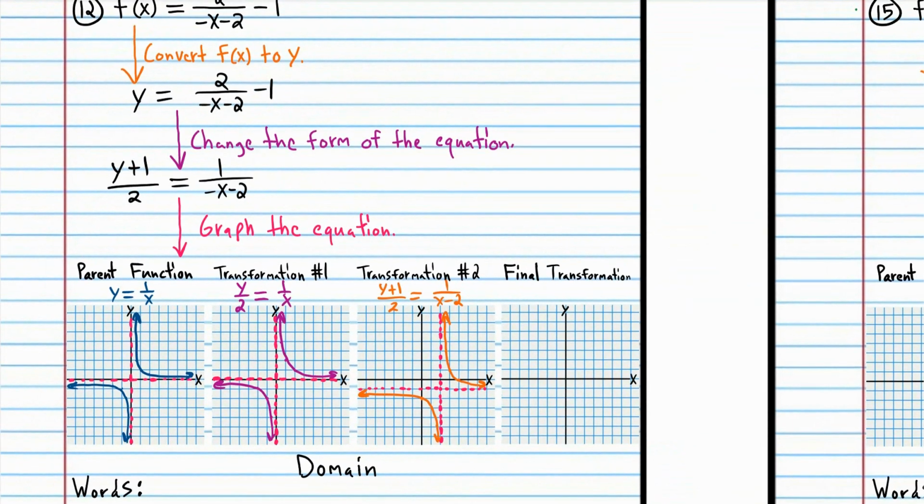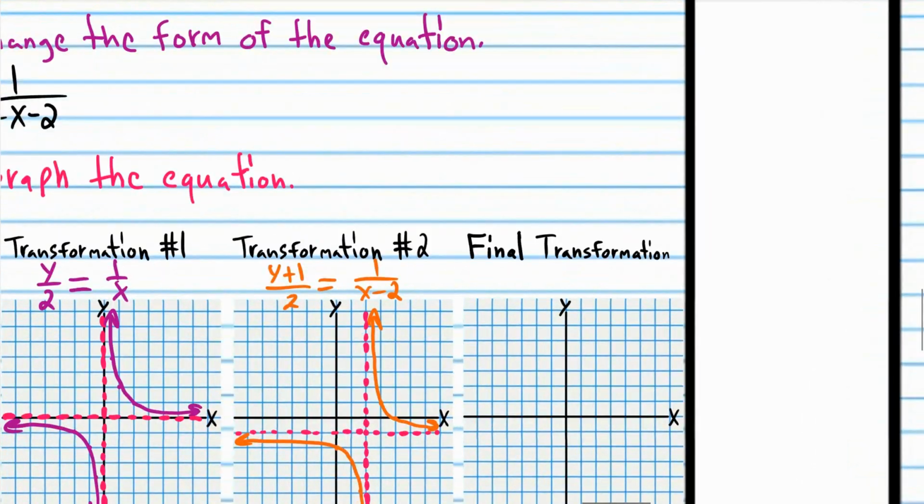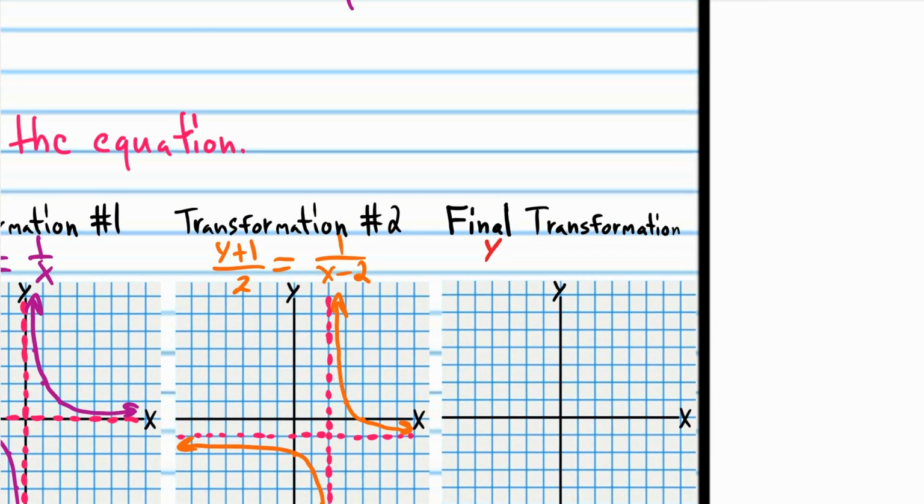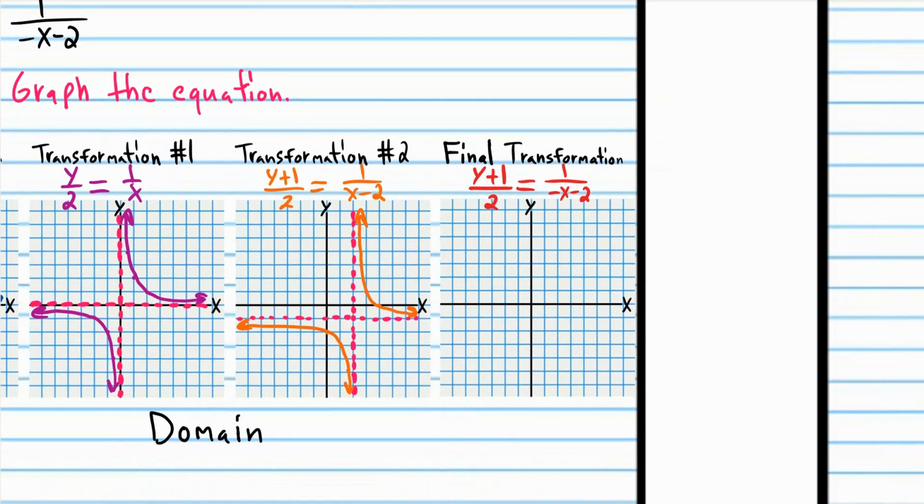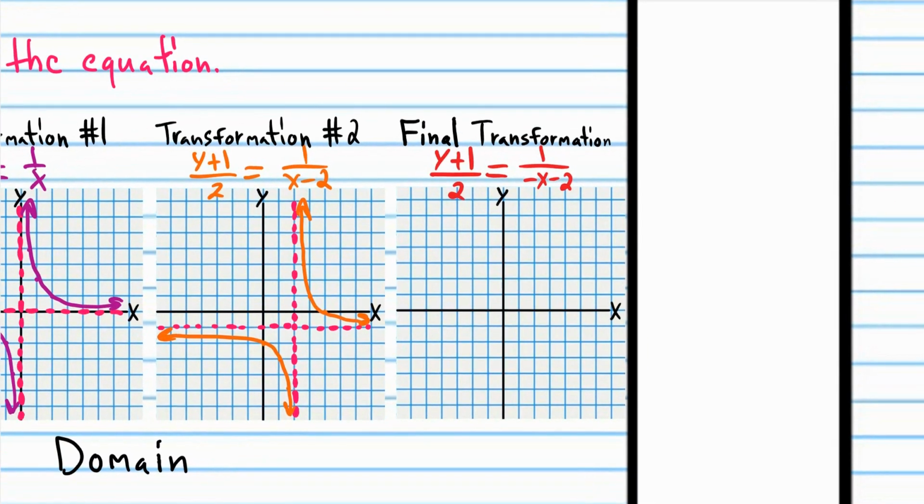Alright, and now we're going to reflect. So we're going to replace x with negative x. And that reflects across the y-axis. So the vertical asymptote is going to flip over the y-axis.